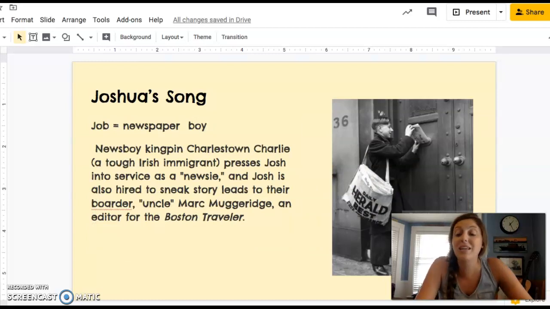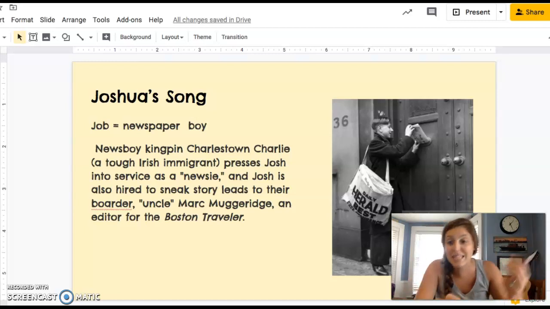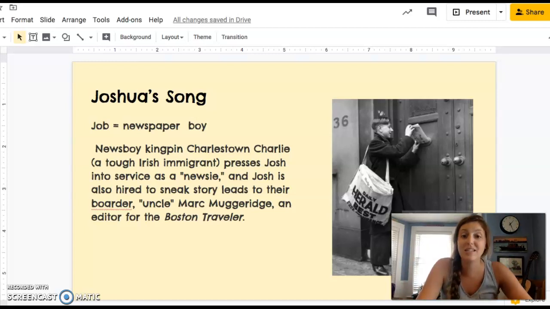There's a newsboy kingpin, Charlestown Charlie, which is someone who's in charge of the newspaper from Charlestown, and he's a tough Irish immigrant. And he is going to press Josh into service as his newsie, the person delivering news. Josh is also hired to sneak story leads to their boarder, Uncle Mark Muggeridge, an editor for the Boston Traveler.